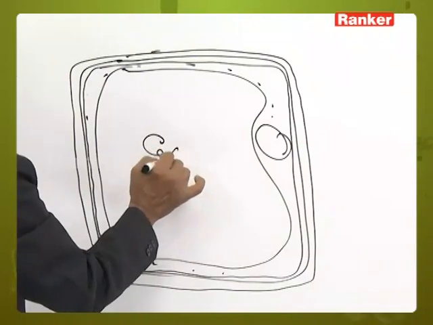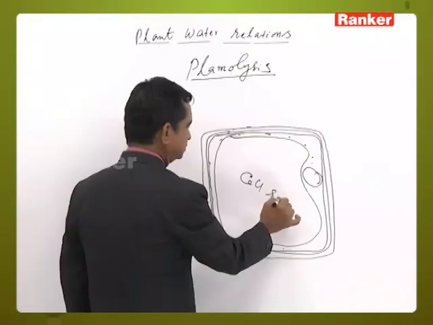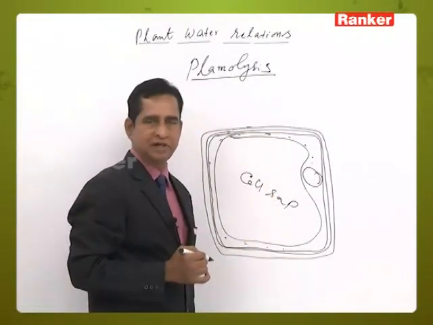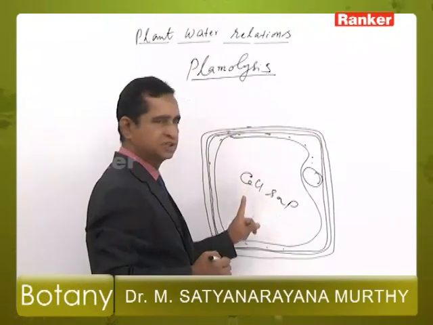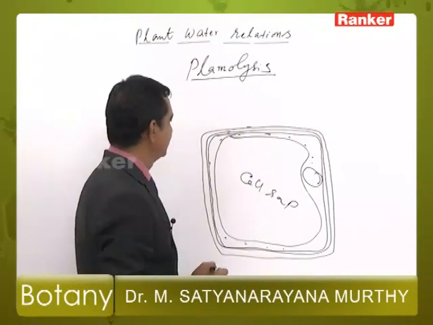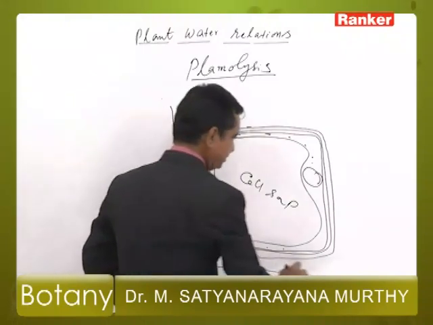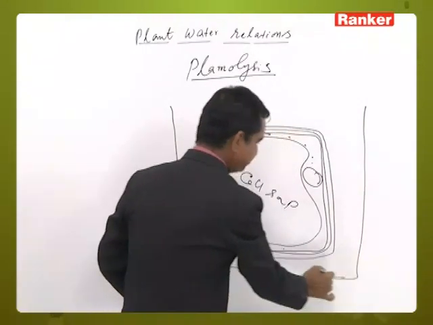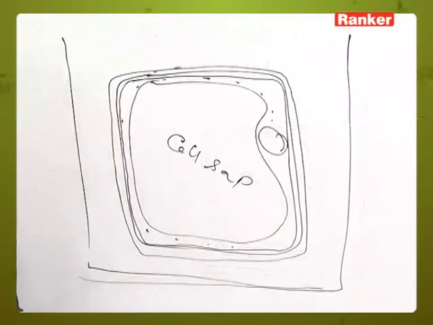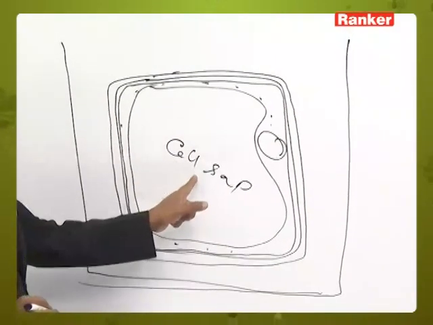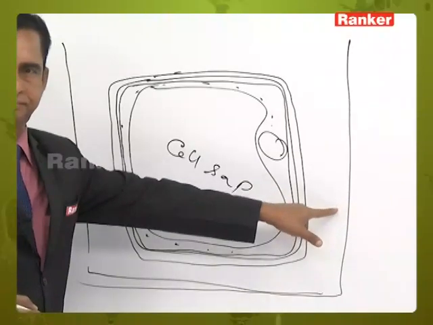And this vacuole of the cell having cell sap. Now it is placed in a hyper concentrated solution. The water from the cell sap goes out.